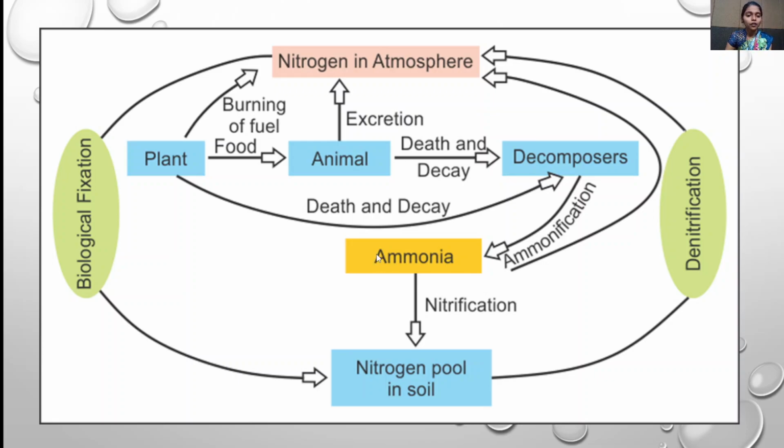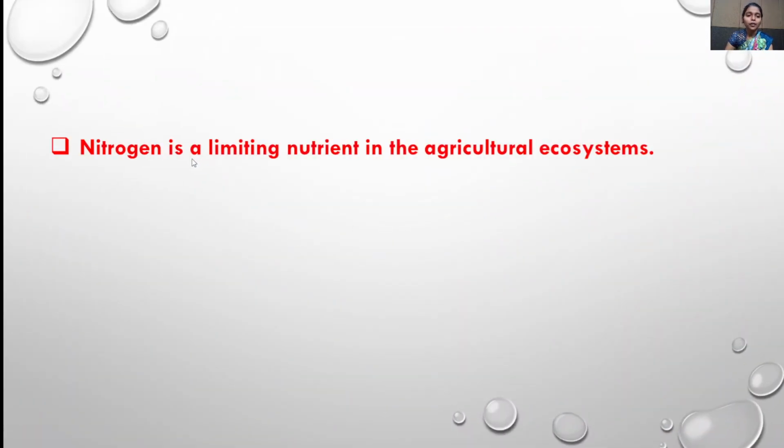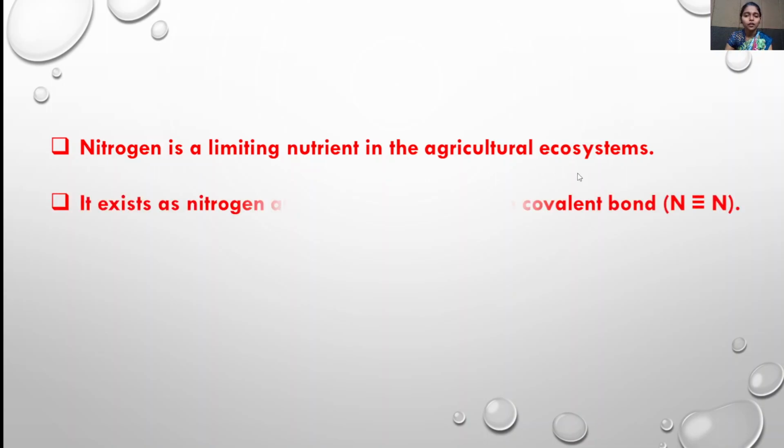These are the nitrogen cycle. Nitrogen fixing bacteria: atmospheric nitrogen is converted into ammonia, ammonia is converted into nitrates, and nitrates are converted into nitrites. Moves to the next slide. Nitrogen is a limiting nutrient in the agricultural ecosystem.